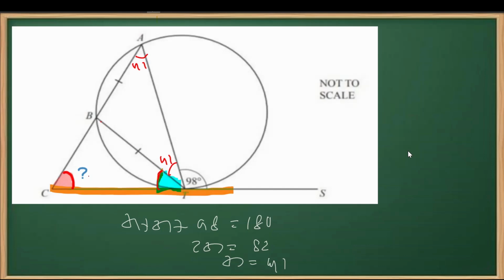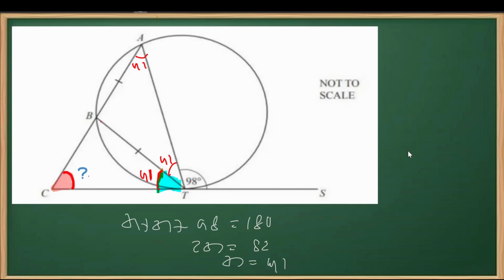So this angle should be equal to the angle subtended by the same chord on the remaining part of the circle, by alternate segment. So using alternate segment, this should be equal to 41. So now we know this angle also is 41.